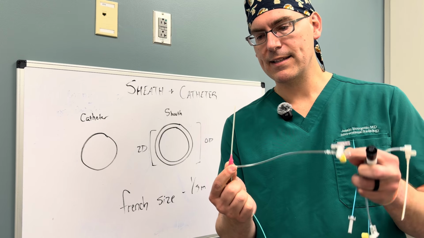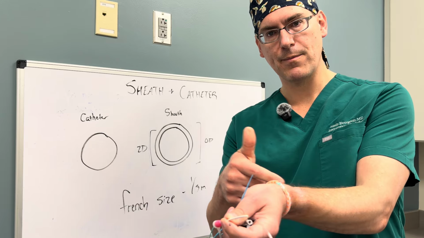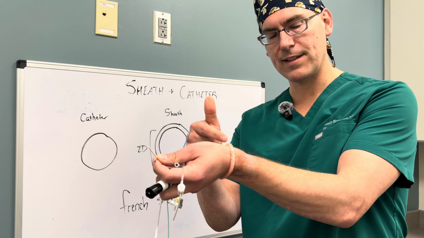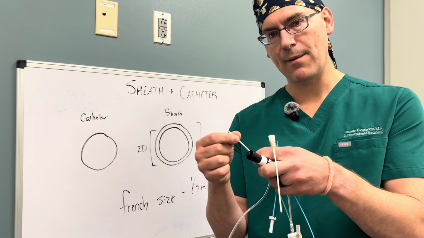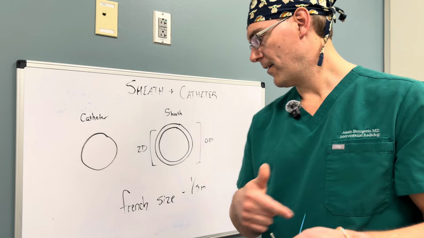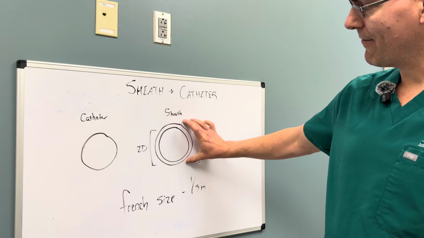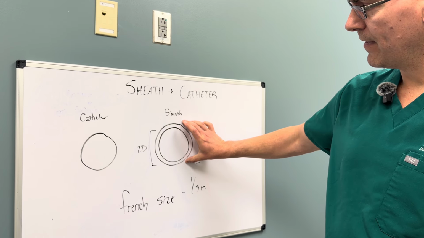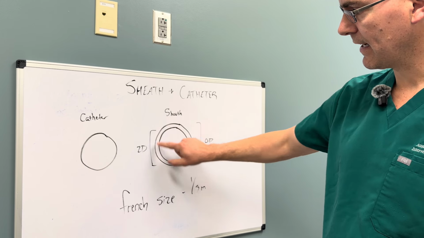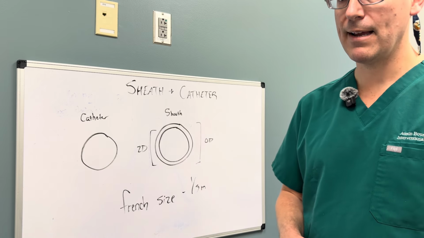But the thing that makes the radial sheath different is that because it's only designed to go through a small amount of soft tissue before it enters the artery, they make it a lot more thin-walled, and because of that, it has a thinner profile. Instead of a 5 French sheath being 7 French outer diameter, they've shaved off some of this thickness and made the 5 French sheath a 6 French outer diameter.